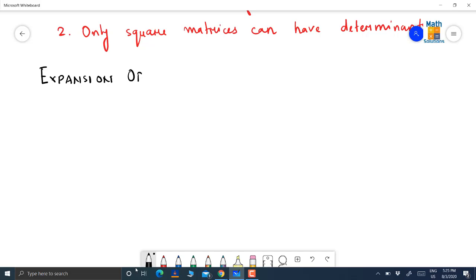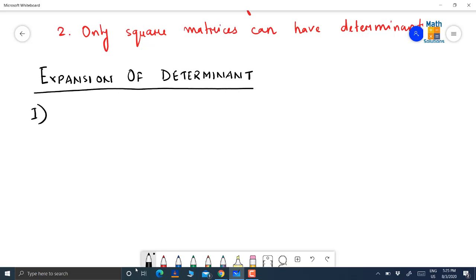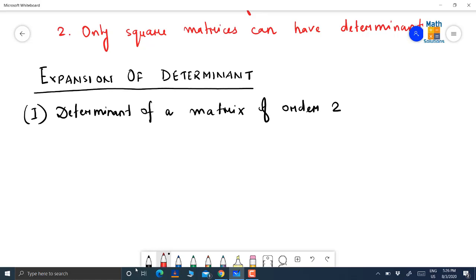The first topic under this will be determinant of a matrix of order 2. So let us consider this case here.